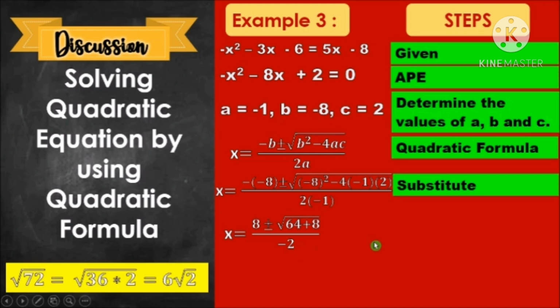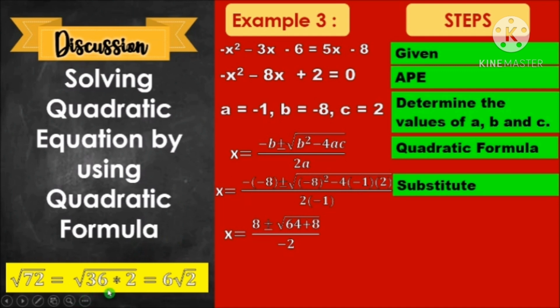Then, let's simplify the radicand, which is the inner part of the square root. So, 64 plus 8, you have square root of 72. And square root of 72 ay wala sa listahan na ginawa natin nung nakaraan. So, ano gagawin natin para lumabas ang final answer? We are going to factor it out. So, in factoring, dalawa lang po ang ating kailangan.